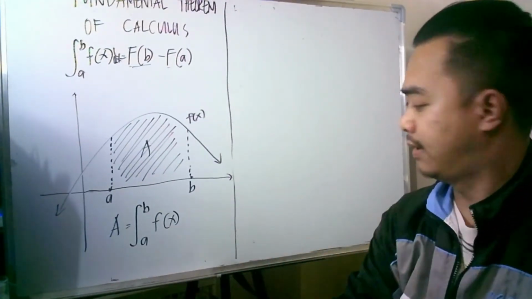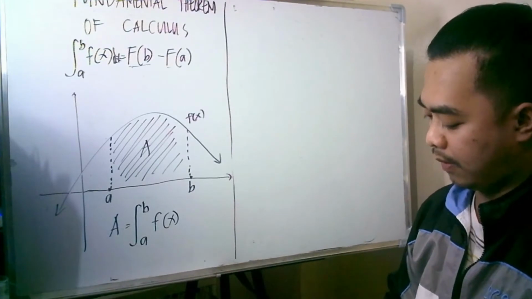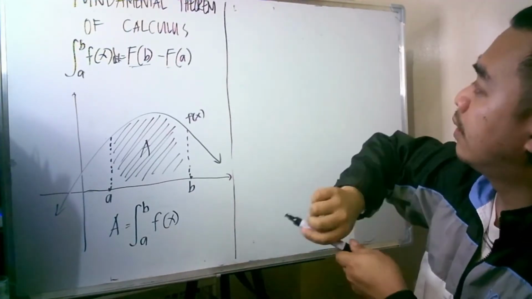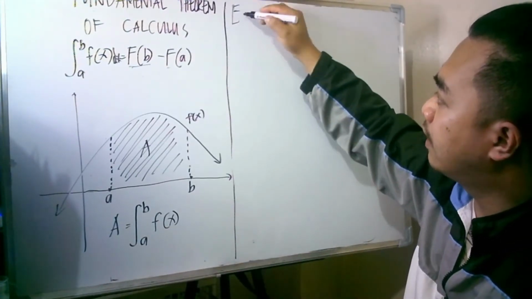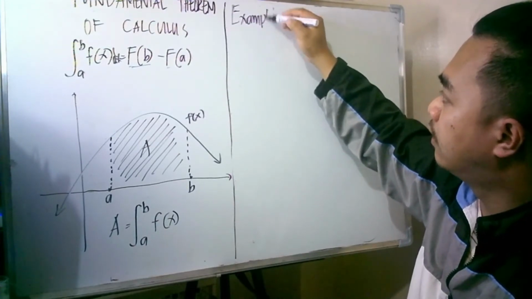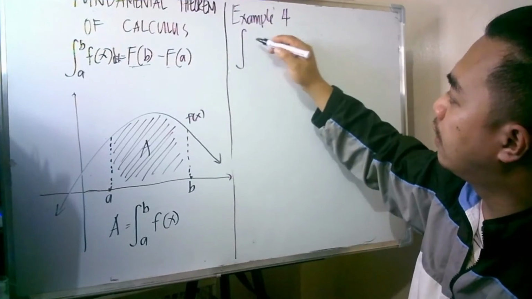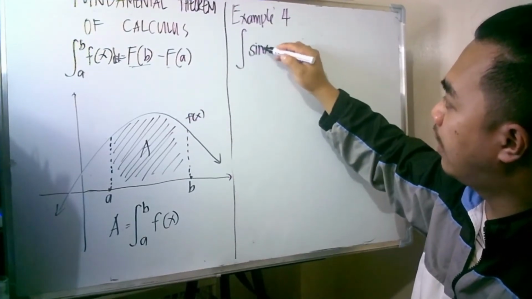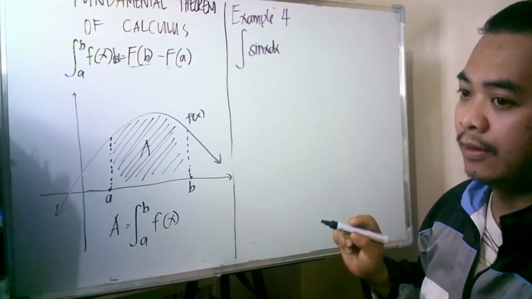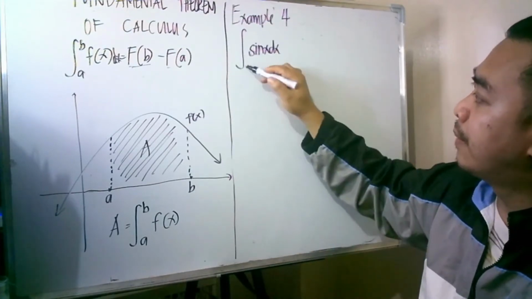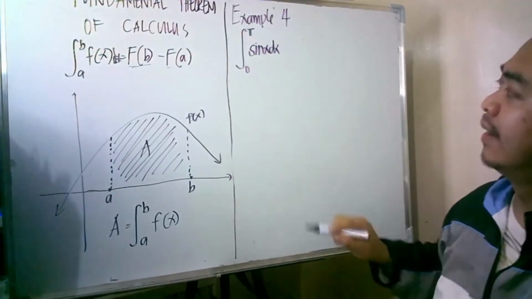Si sin x. Example. Ano na yung example natin? Pang-ilan na to? 4, sir. 4. Okay. Integral of sin x dx from 0 to pi.